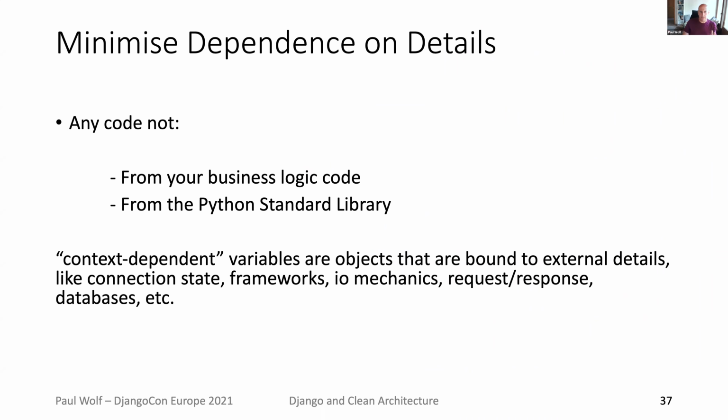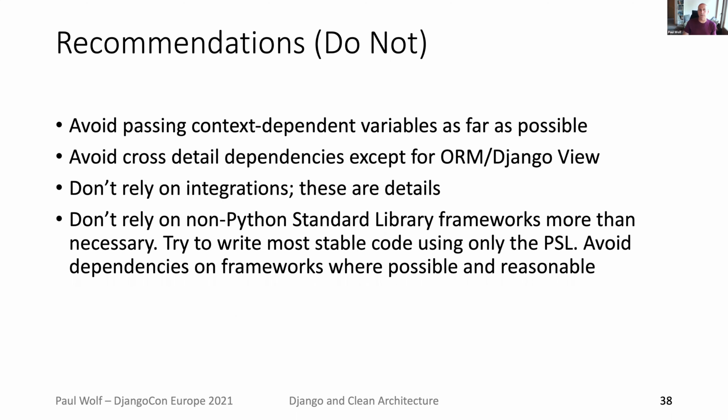So if there's any code that's not part of your business logic code or from the Python standard library, you want to avoid passing those objects or variables through the call tree. And this is going to enhance your experience very considerably, in my experience.